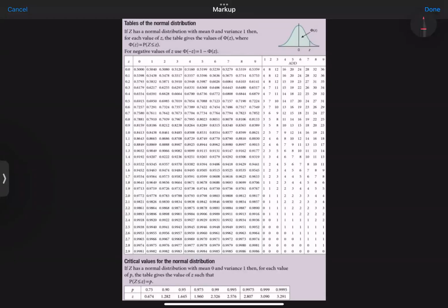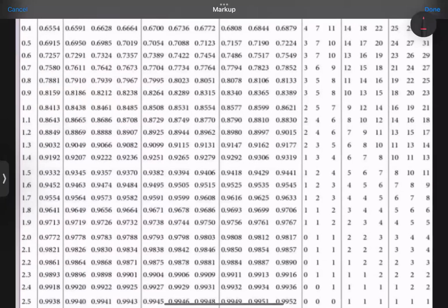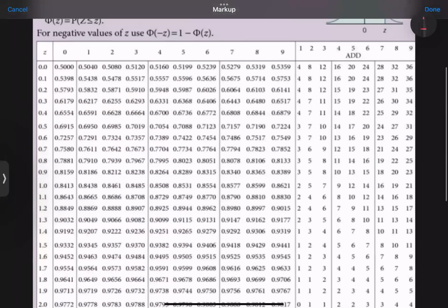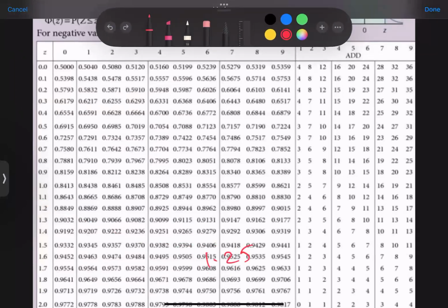Let's see this table now. Yes, students, what number am I looking for? 1.25. So 1.2 we get from here and 5 from here.